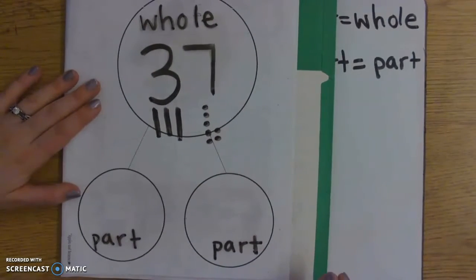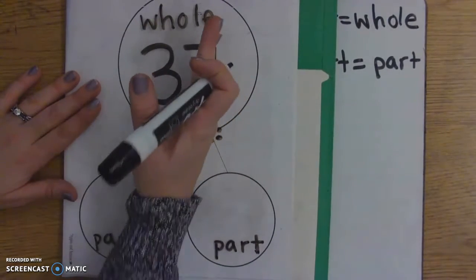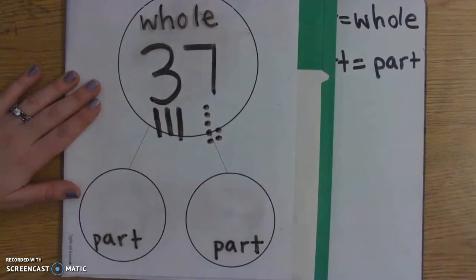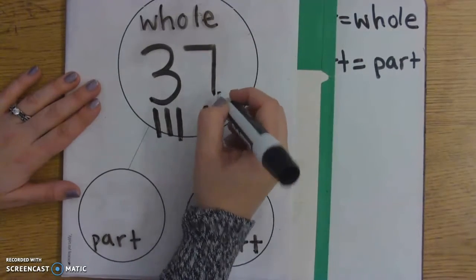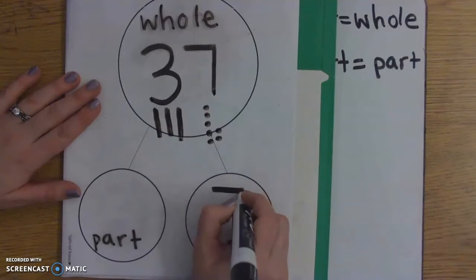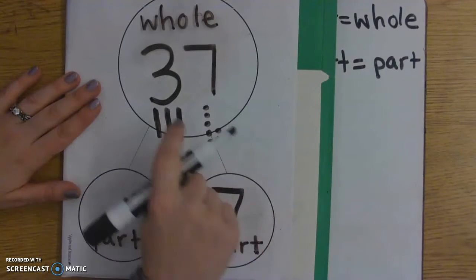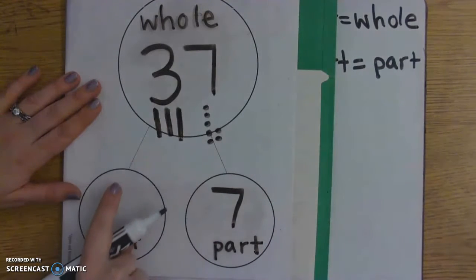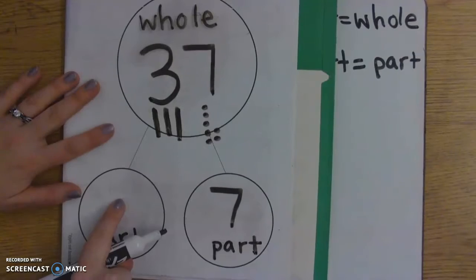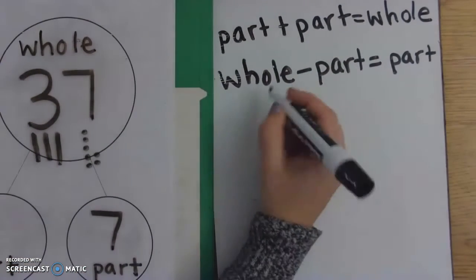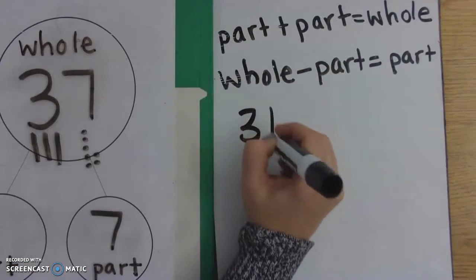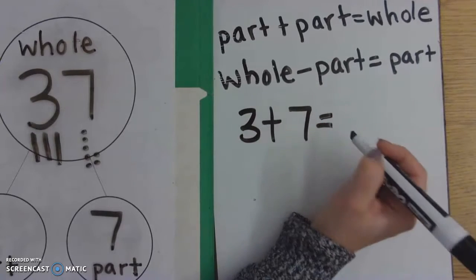Okay, and I just told you we're going to separate our tens and our ones. Now be careful. Let's start with our ones. We can see we have a 7 in our ones place. Now, am I going to just write 3 in this part? Well, let's think about it. We just said that part plus part equals whole. So that would mean I would do 3 plus 7.